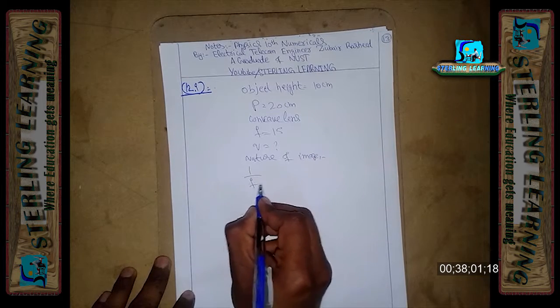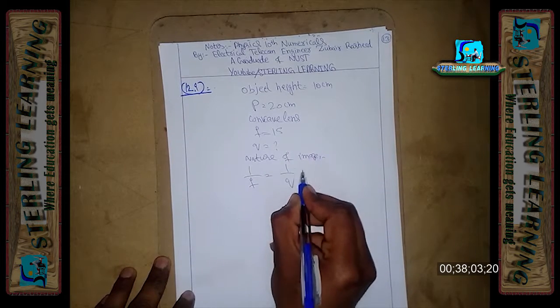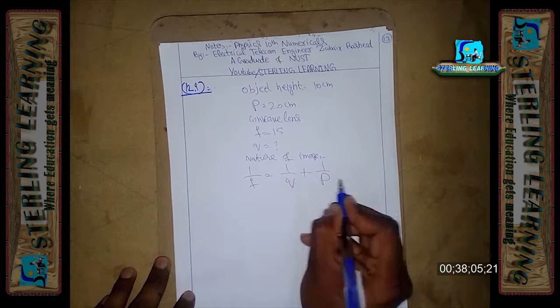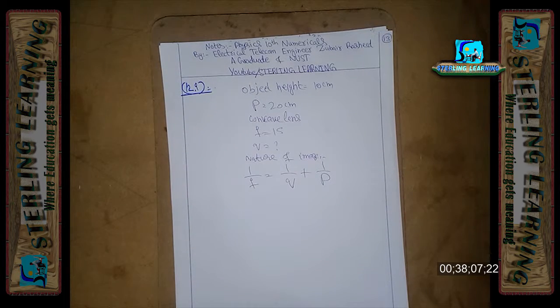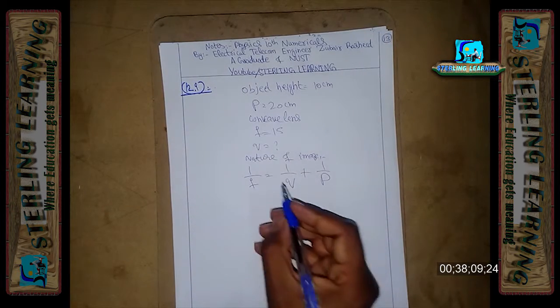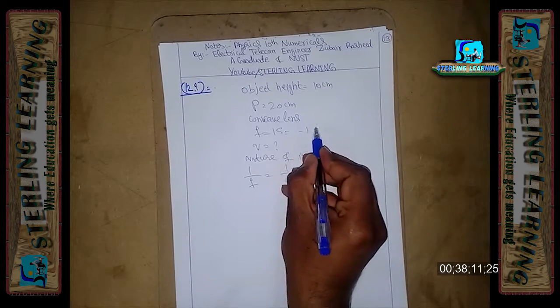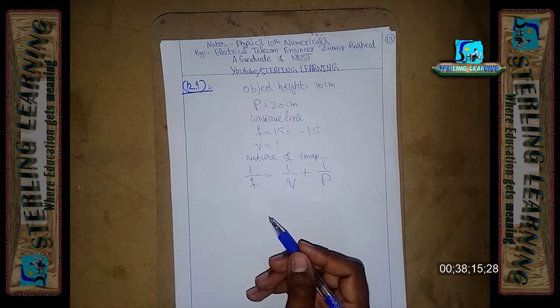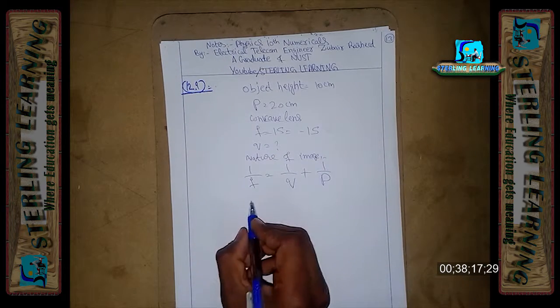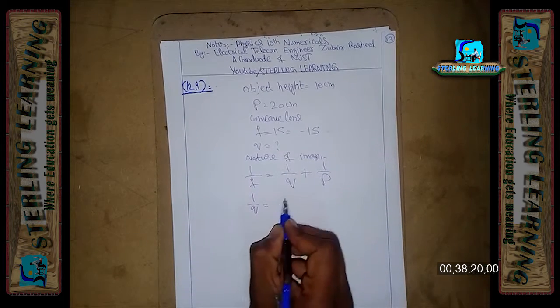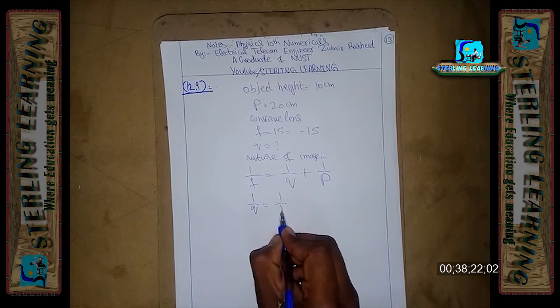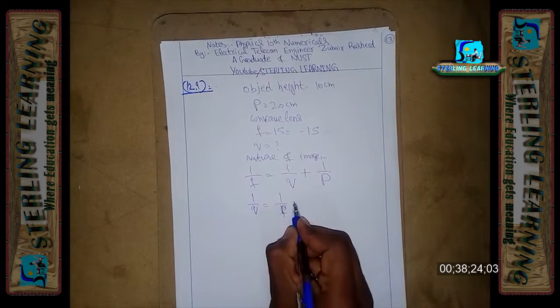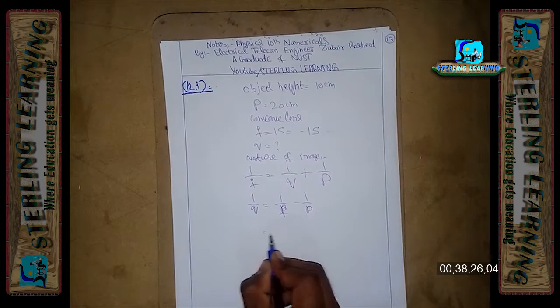पहले सिंपल फार्मूला लगेगा 1 over f is equal to 1 over q plus 1 over p. For concave lens we have f as negative, so minus 15. And yes, 1 over q, we need to find q, so 1 over q is equal to 1 over f minus 1 over p.